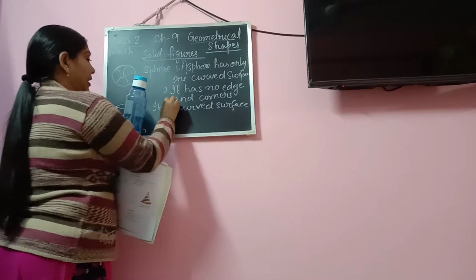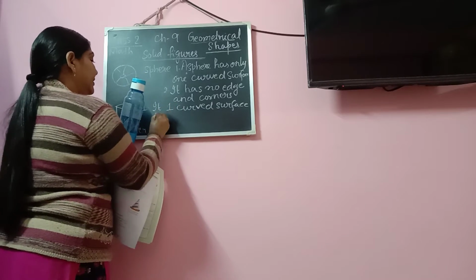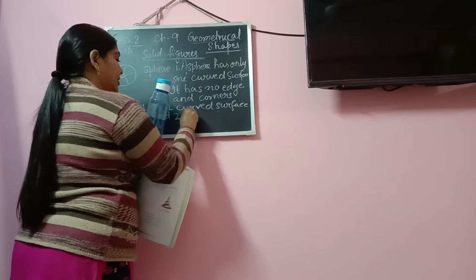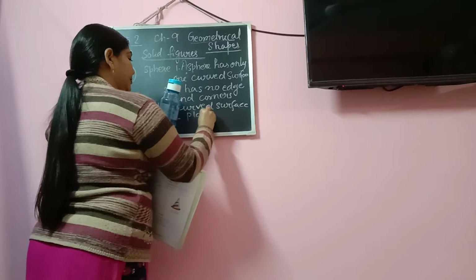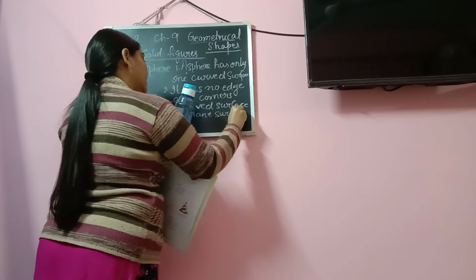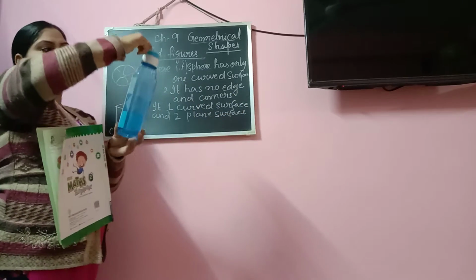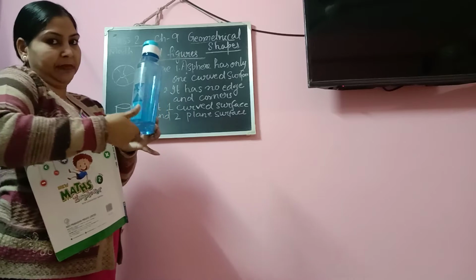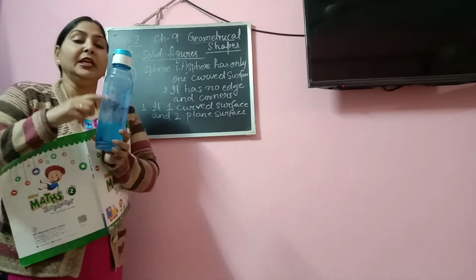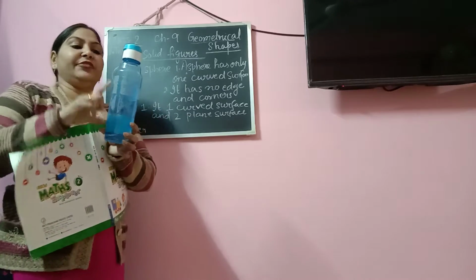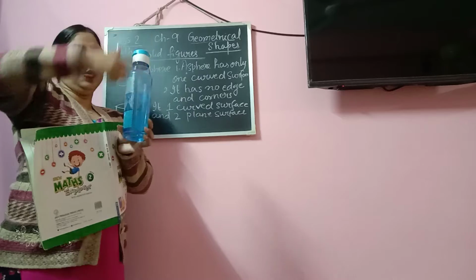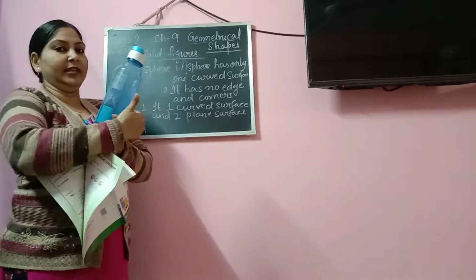You can write here: one curved surface and two plane surfaces. This is one plane surface and this is another plane surface, and one curved surface here. So altogether how many faces or surfaces does it have? It has three faces, two plane and one curved surface.